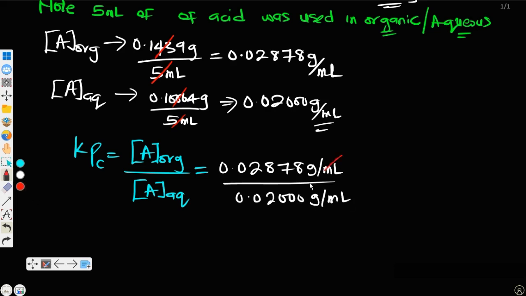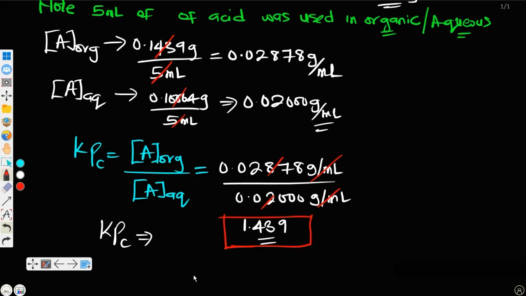The first thing is, of course, to cancel gram per mole. When we divide 0.02878 by 0.0200, it equals 1.439. So our Kpc for this question is 1.439. All right, and that is the correct answer to this one.